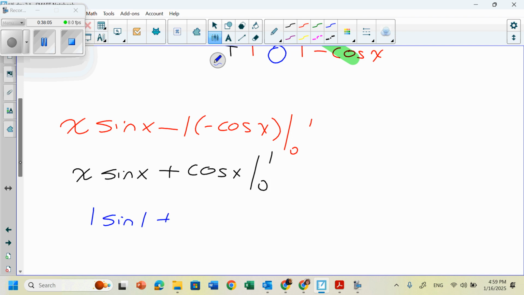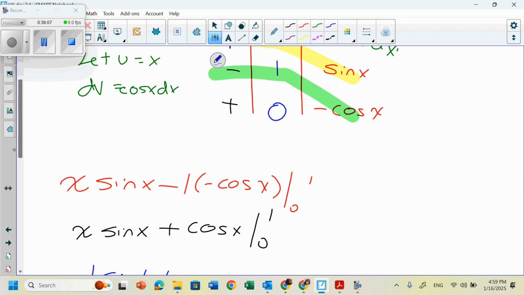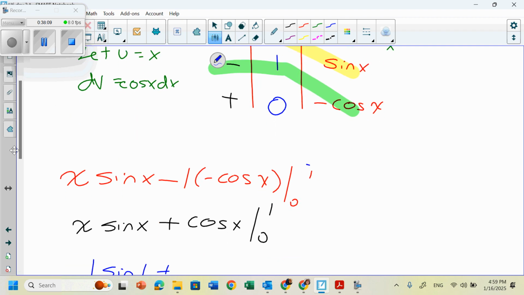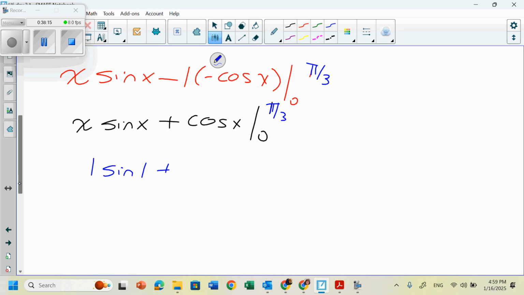Let's fix this. So this is pi over 3 sine of pi over 3 plus the cosine of pi over 3, minus 0 sine of 0 plus the cosine of 0. Don't forget the 0 on trig functions because sometimes it needs a value.